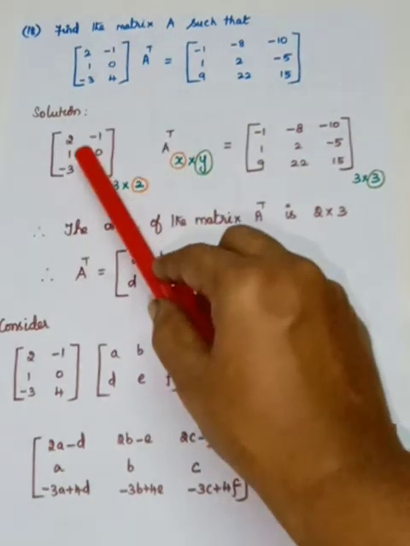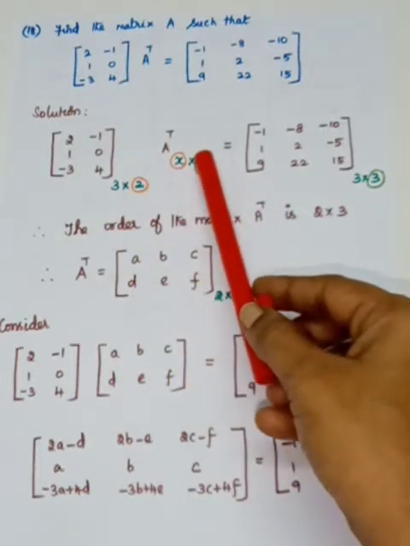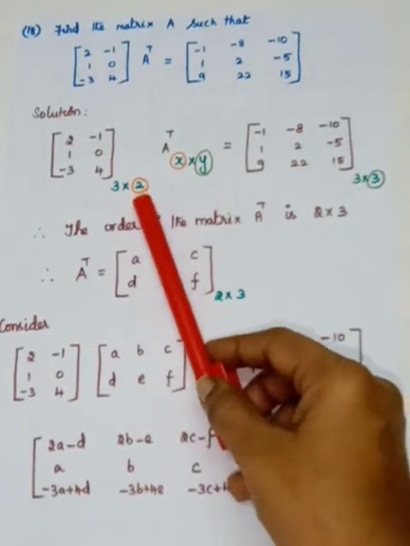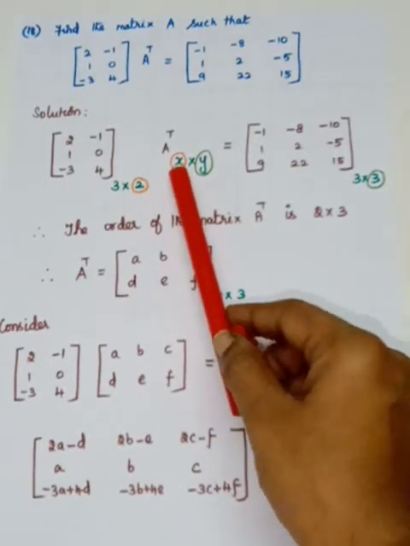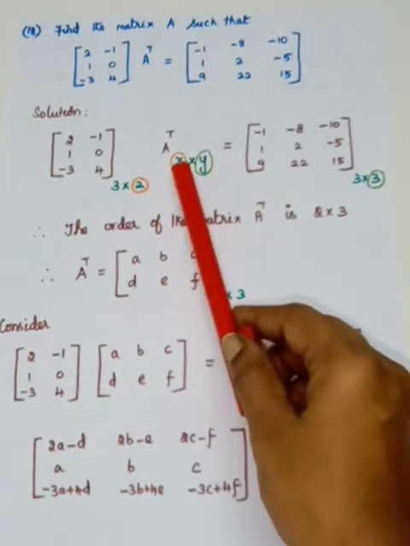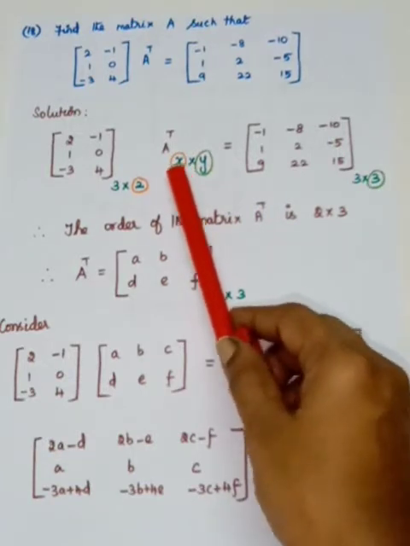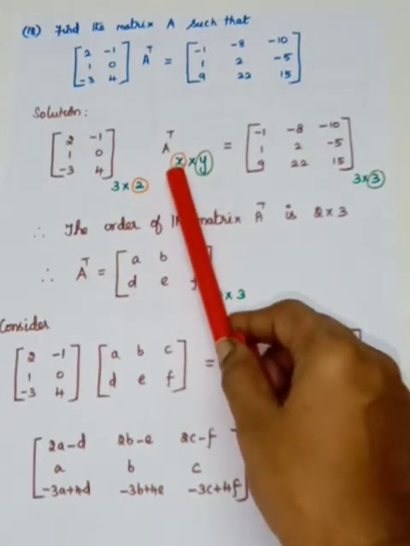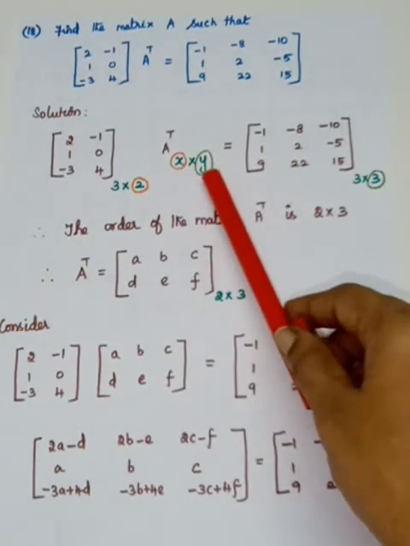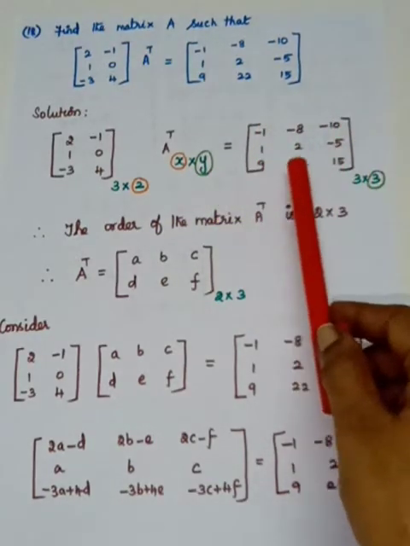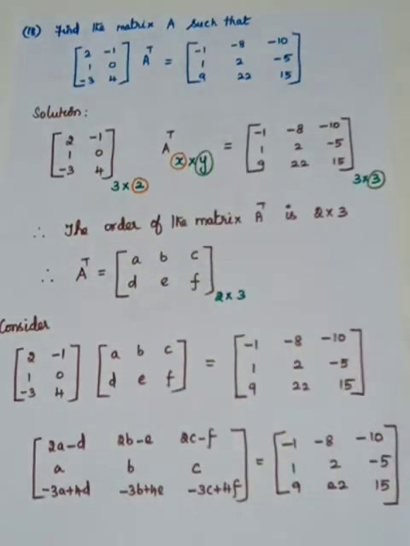So when you can multiply these two matrices, what rule has to be satisfied? The number of columns of the first matrix should be equal to the number of rows of the second matrix. So the number of rows of A transpose is equal to 2. So we have found the number of rows, and we have to find the number of columns. So you come to the resultant matrix. When you multiply two matrices, you will get the resultant matrix.